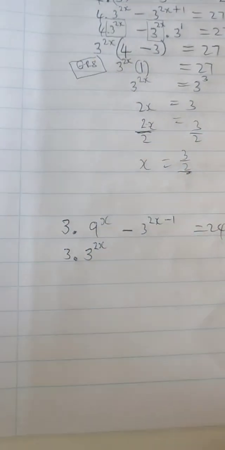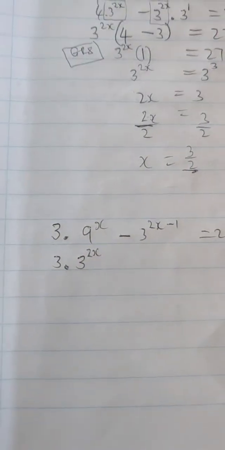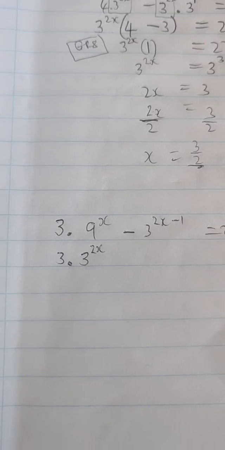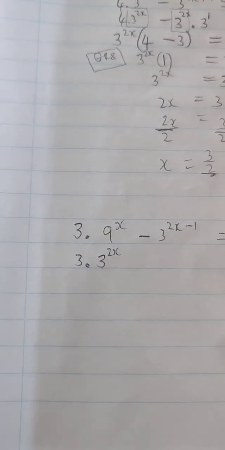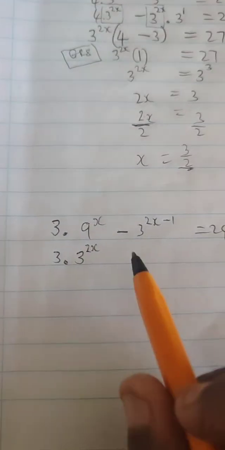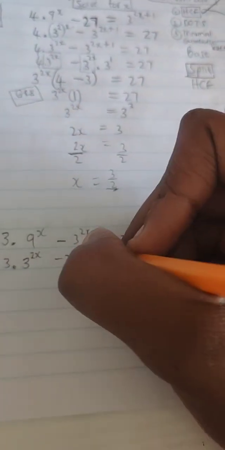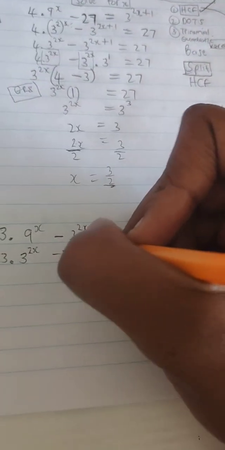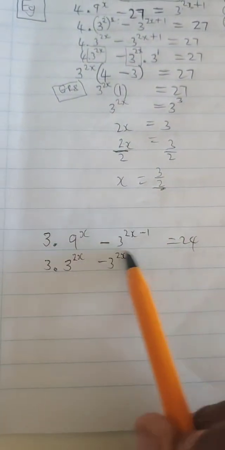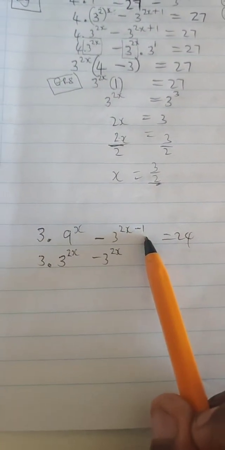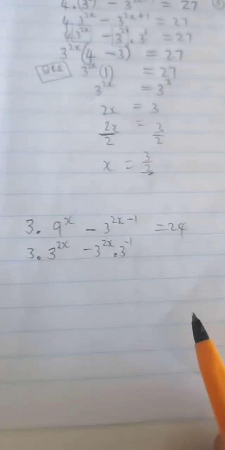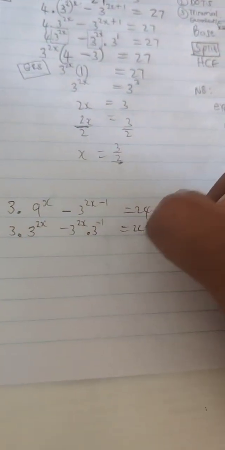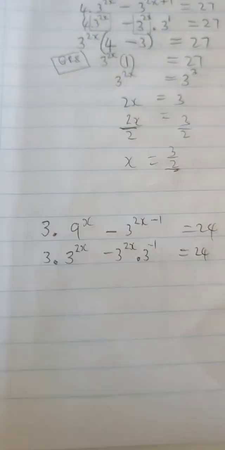We change that 9 to be 3 to the power 2x. 3 to the power 2x minus 3 to the power 2x minus 1. Of course, what do we do with this? We split it, to become 3 to the power 2x times 3 to the power negative 1, which is equal to 24. Make sense, guys?